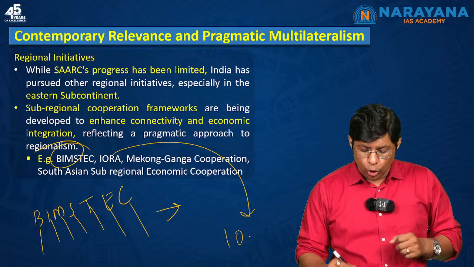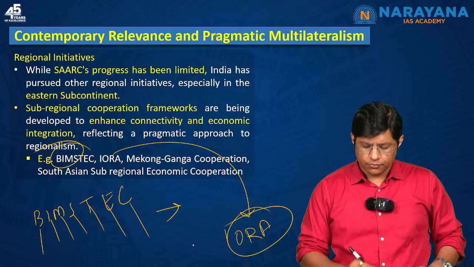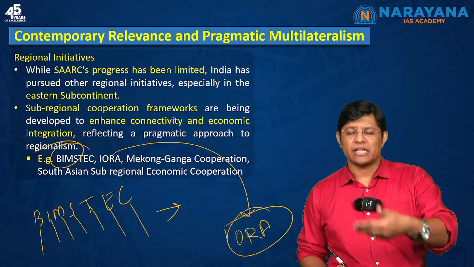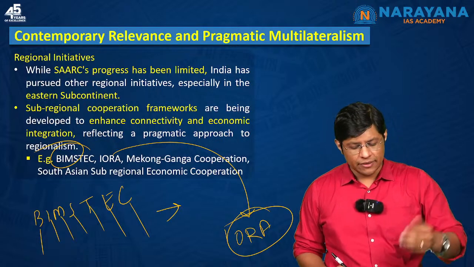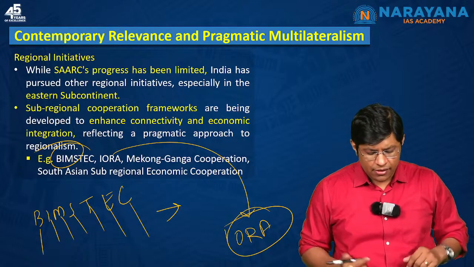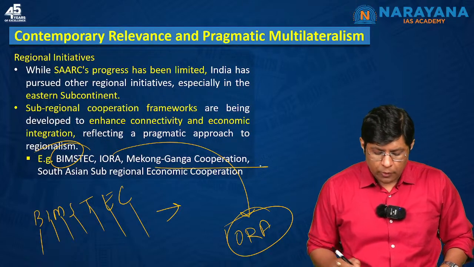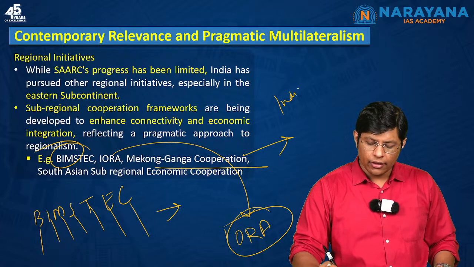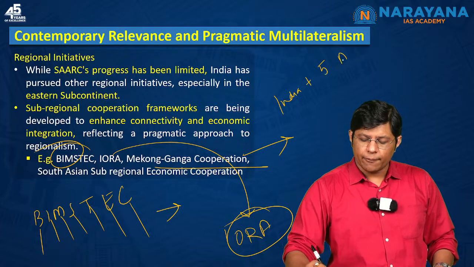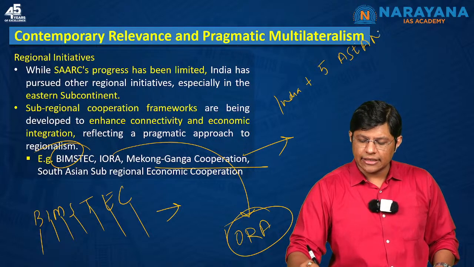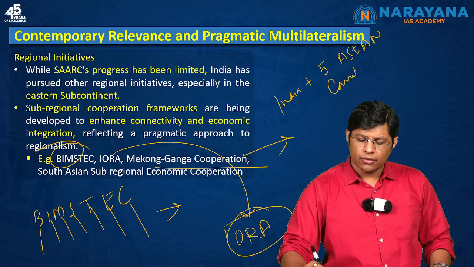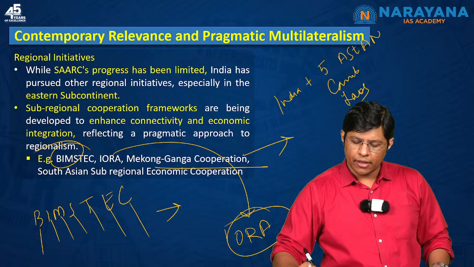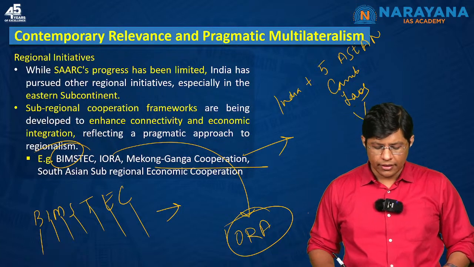Indian Ocean Rim Association. All the countries adjoining the Indian Ocean, like we have India, Bangladesh, then we have Maldives, etc. And there are other countries as well, right? Then Mekong-Ganga cooperation. Now, Mekong-Ganga cooperation is a cooperation between India plus 5 ASEAN countries, like we have Cambodia, Laos, Vietnam, Myanmar, right?